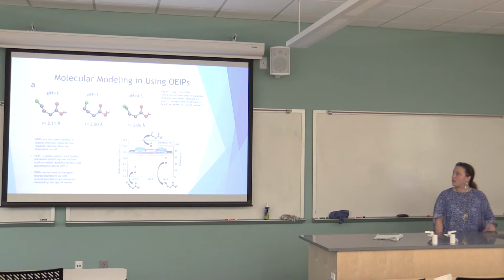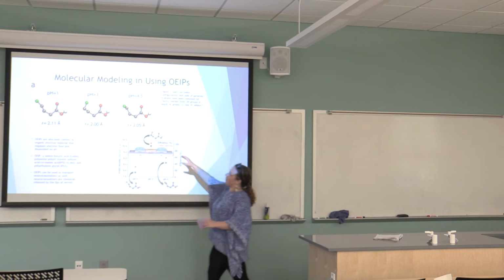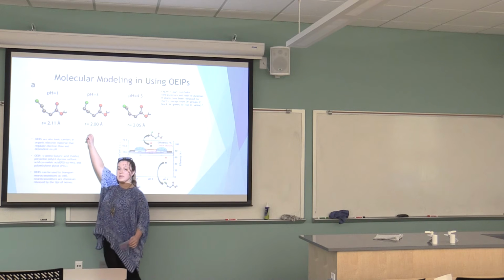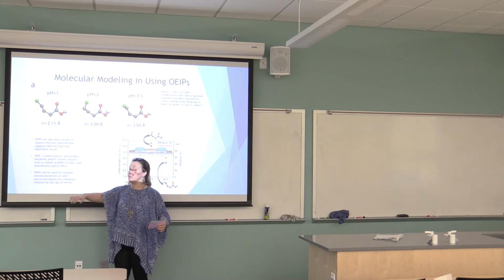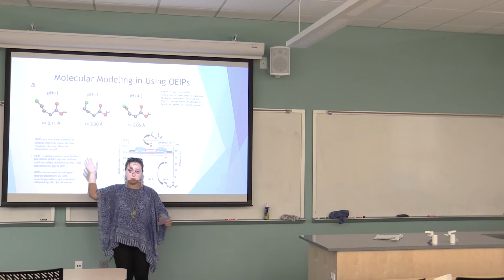They found that at a pH of 3, the GABA molecule had the highest efficiency at passing through that tool, because it had a shorter radius of gyration, which basically says that the carbon and nitrogen atoms aren't moving around as much as at other pHs.